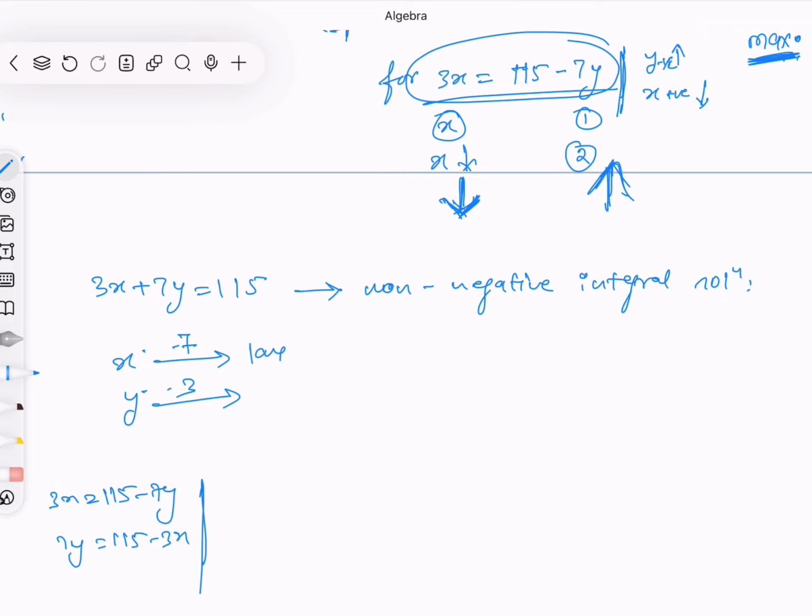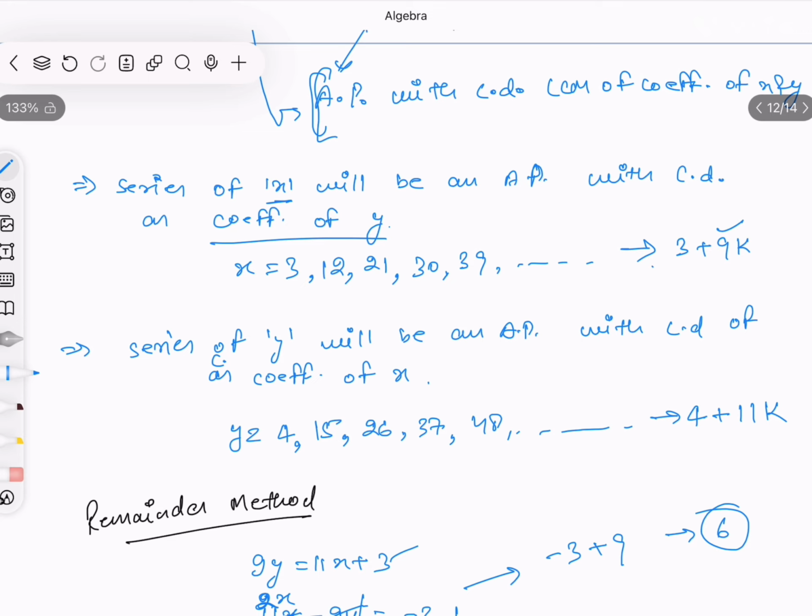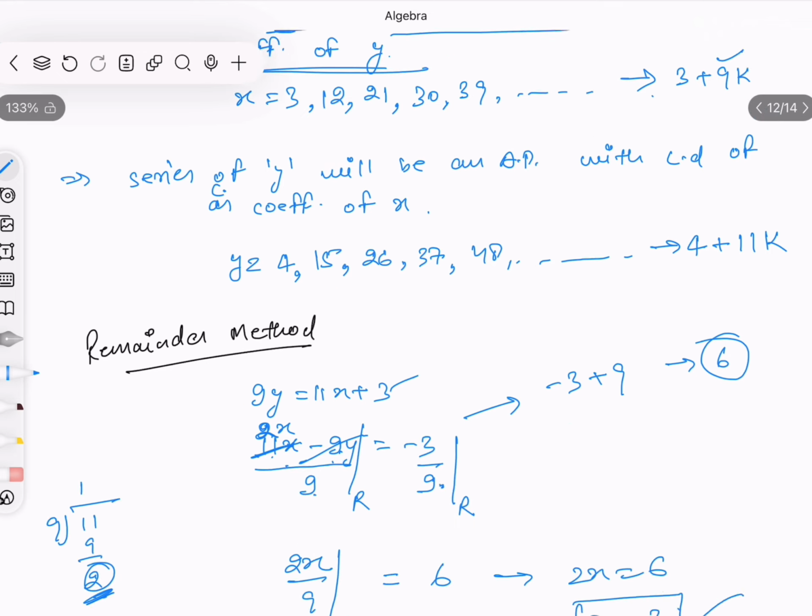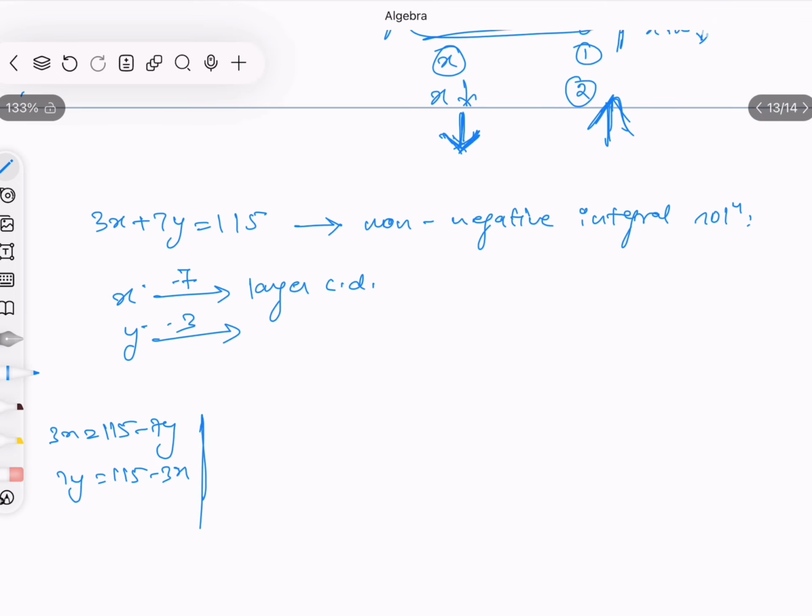So this will have larger common difference. Remember, we talked about that for the series of x, it will be an AP with common difference as the coefficient of y. So y is having coefficient of 7, so it will have larger common difference, right? Because y is having the larger coefficient.